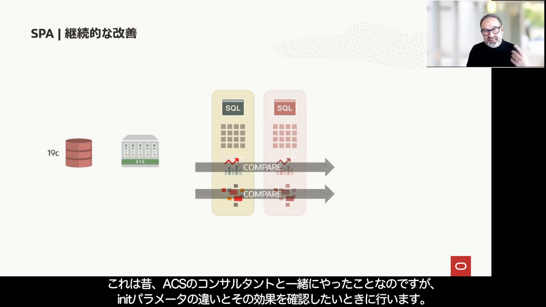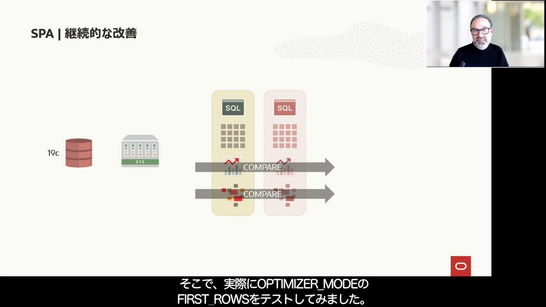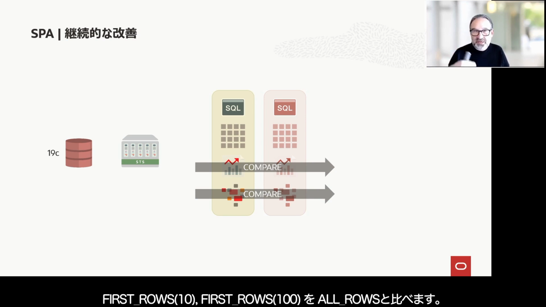And this is something actually I did together with an ACS consultant a long time ago, when we wanted to see different init.ora parameters and their effects. So we really went in and we tested optimizer mode first rows 10, first rows 100, and so on, versus all rows.